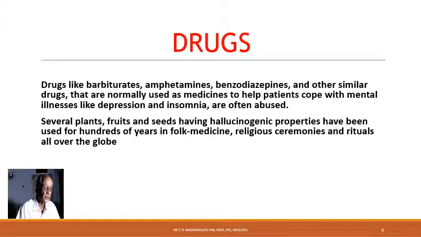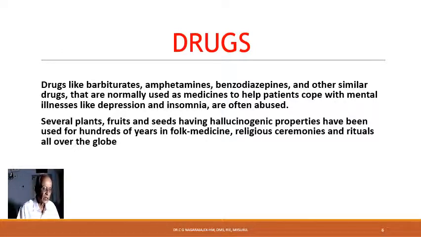In the newspapers you sometimes get news that so-and-so very famous people use sleeping tablets and they die. Sleeping tablets may be prescribed by the doctor to help you overcome a disease called insomnia. But people try to cheat the doctors and start using it.